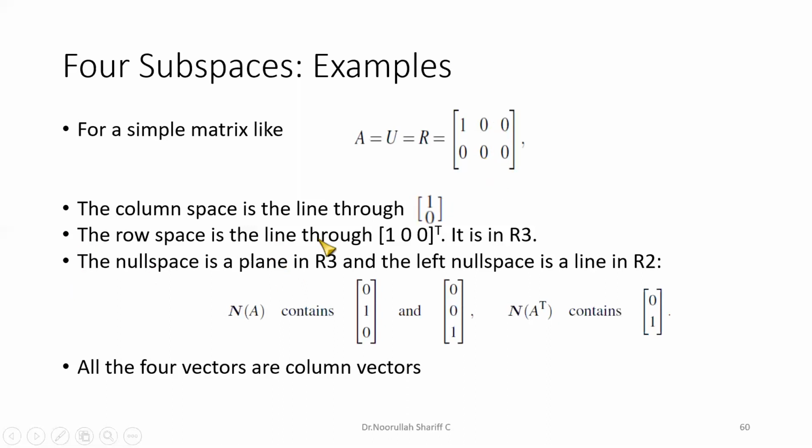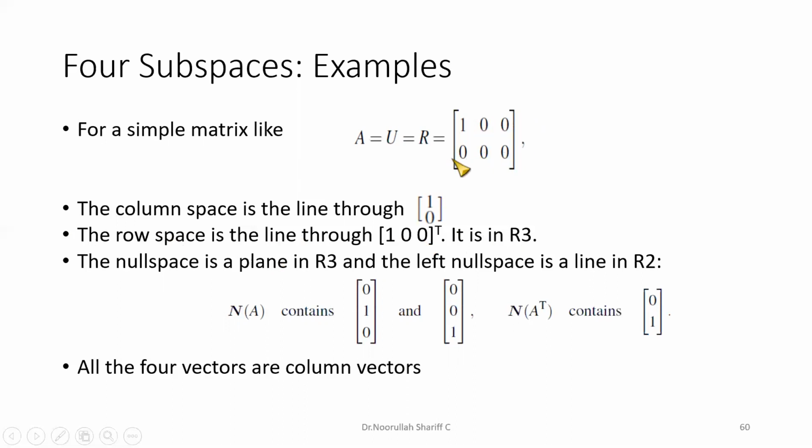The row space is the line through (1, 0, 0) transpose, and it is in R^3. The way the row space is to be considered is that the row which has non-zero entries is 1, 0, 0.